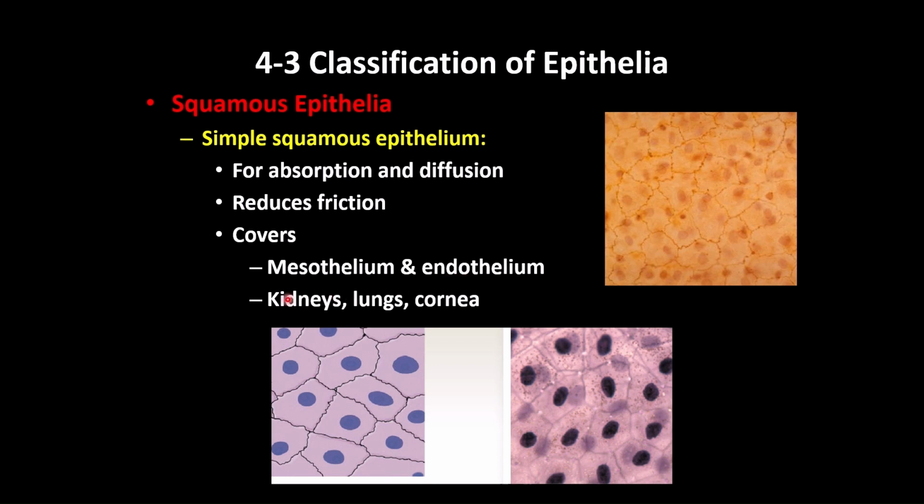You can also see simple squamous in the kidneys and in the lungs, and this is where the gas exchange takes place. In the kidneys, this is where the filtration of the blood takes place, where different chemicals and fluid are leaving the blood, and also in the cornea, which is in the eyes. So you can see it in different types of tissue.